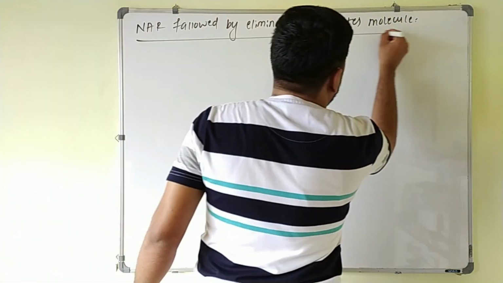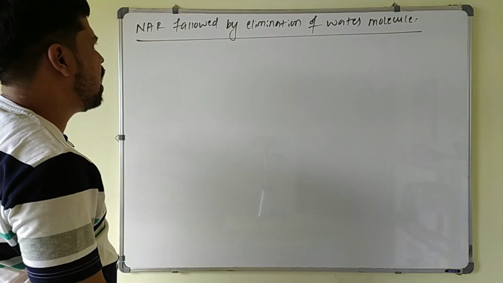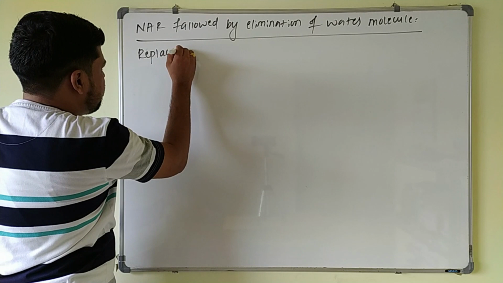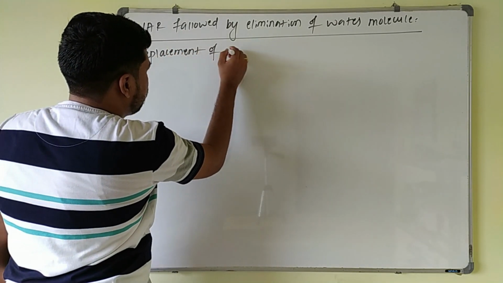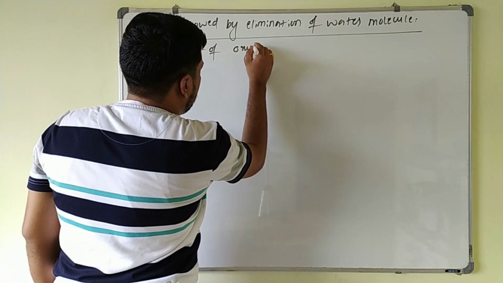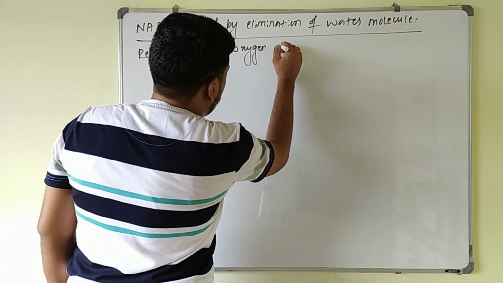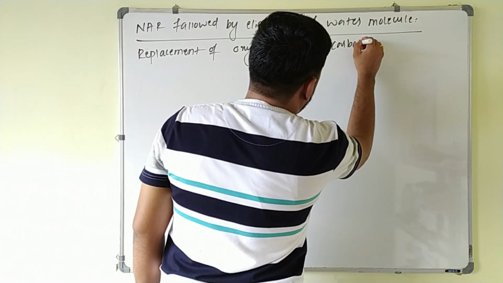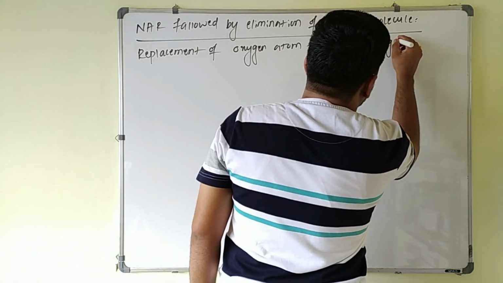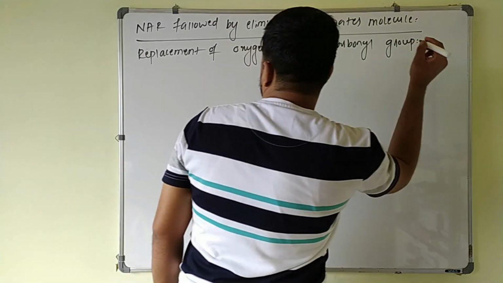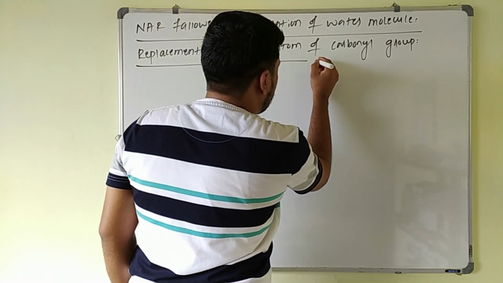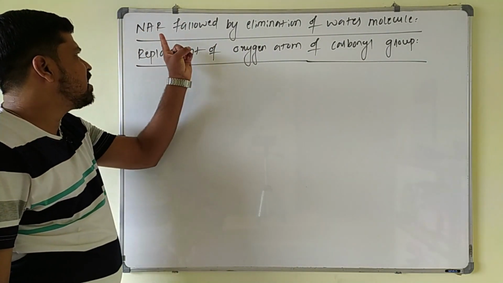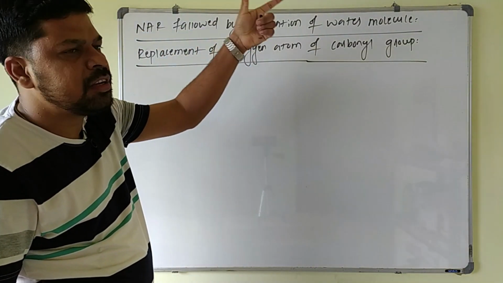This is also called replacement of oxygen of the carbonyl group. In this type of reaction, the oxygen atom of the carbonyl group is replaced by some other atoms. This is called nucleophilic addition reaction followed by the elimination of water molecule.